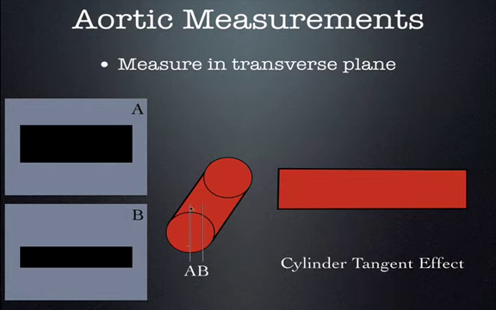But the problem is in long axis, if you're slightly off the midline, and that can be quite difficult to tell from the long axis plane, as is shown right here in the B image, if you're measuring just through the edge of the cylinder on your screen, the aorta is going to appear narrower than it actually is. So that's why we recommend not measuring in the long axis and just sticking to measurements in the transverse plane, because it's easier to identify the middle of the vessel.